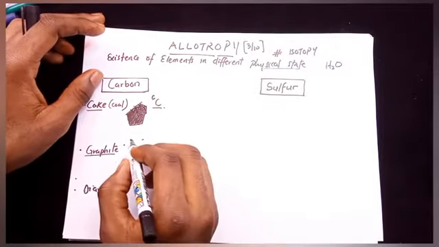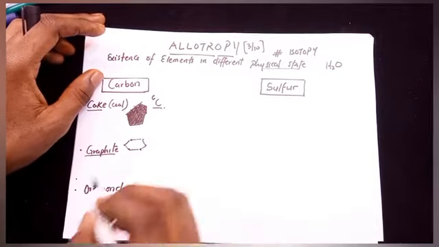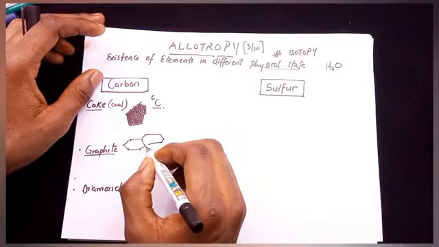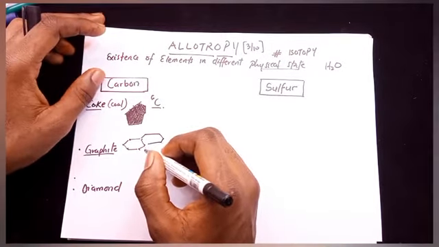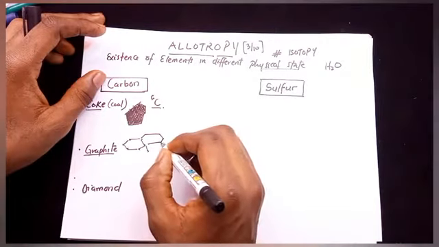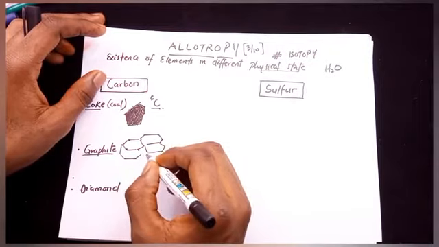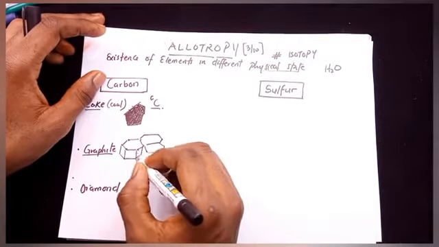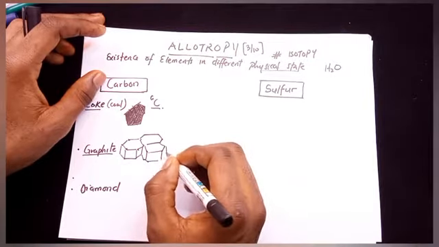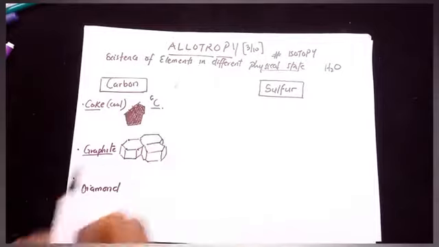They exist in hexagonal patterns, and then they exist in layers. So graphite has a better structure, and it's even more beautiful when you look at it physically than coal. So it's no longer an amorphous compound.